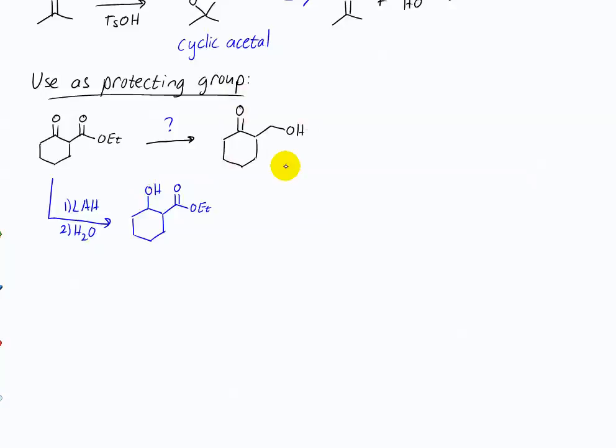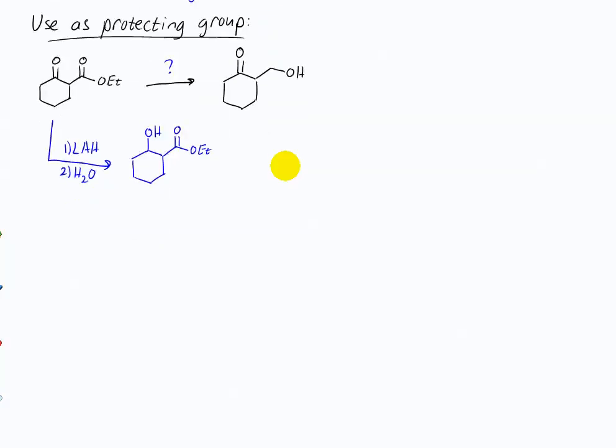Okay, so let's say you wanted to do this. What do you do? Well, you have to protect the ketone, then reduce the ester, and then deprotect the ketone to get back to where you want it. So what you do is first, we'll try a different acetal this time. First you make the acetal. These things are not reactive enough to react with esters, so they won't hurt the ester.